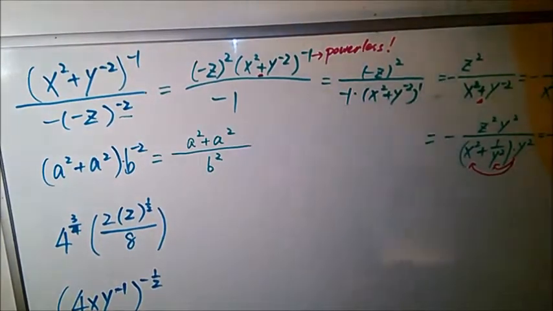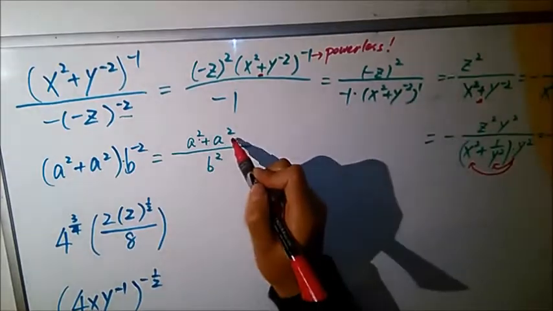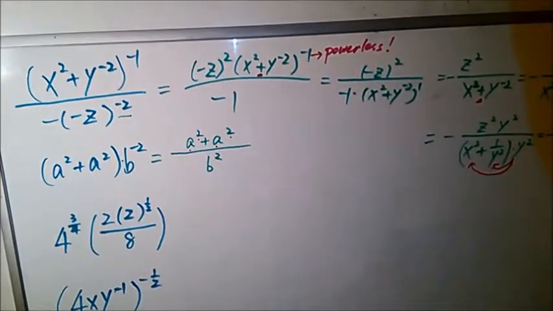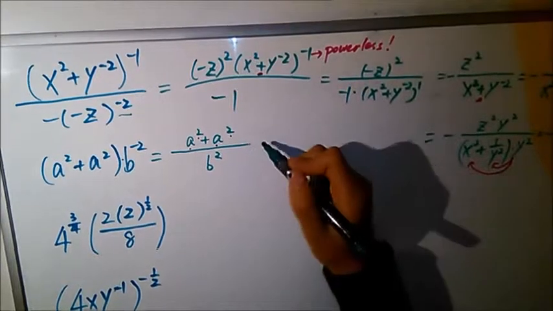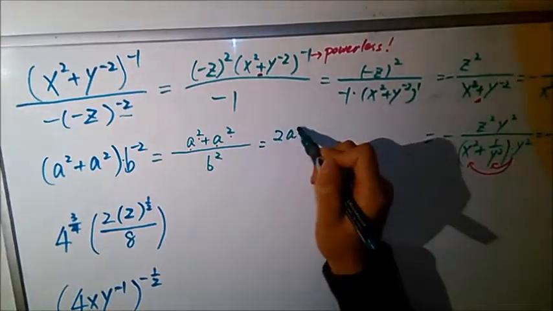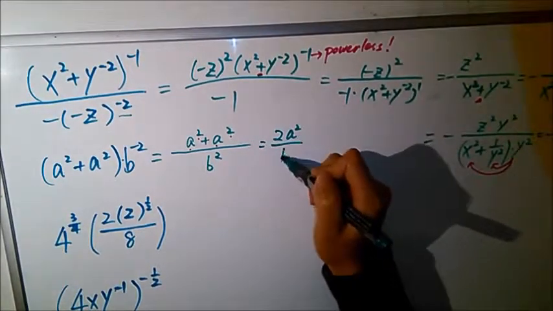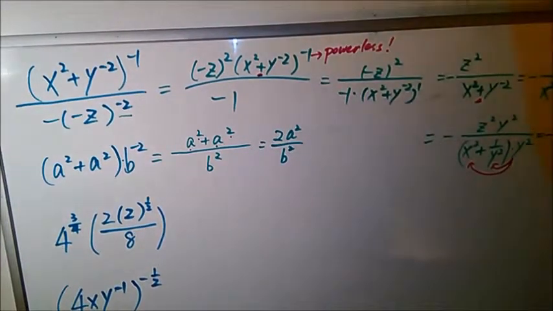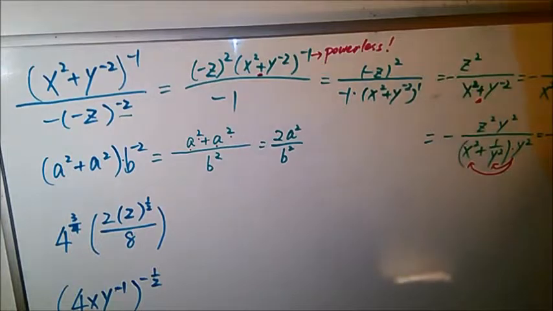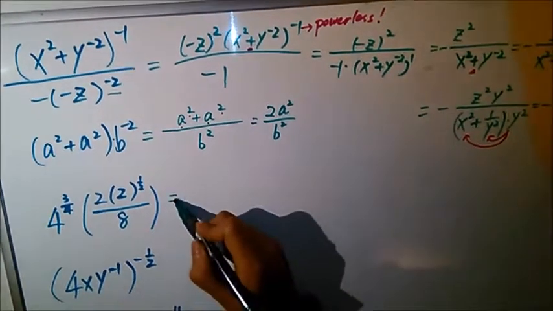What changes is the bases. The bases are like the same species. They will be added together, so we'll have 2a squared. A squared plus a squared is 2a squared, and b squared will be on the bottom. And you can't simplify any further than that. Next question.